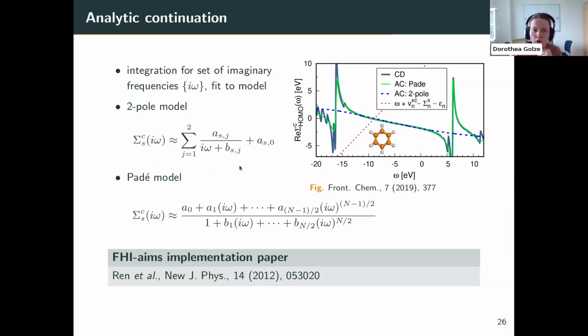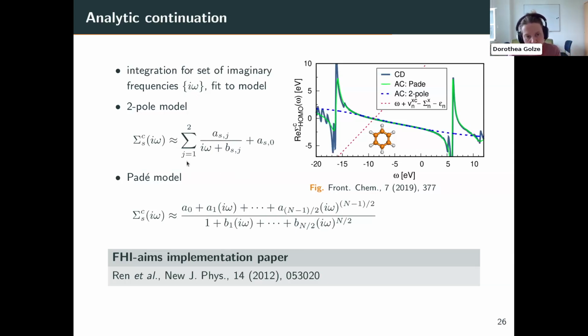For example, the two-pole model: we don't know these coefficients A and B, so we get them by fitting to these reference values. Then there's a theorem that says if you know the quantity on the imaginary axis, you also know it on the real one. So for real frequencies you use the same coefficients and just insert your real frequency.